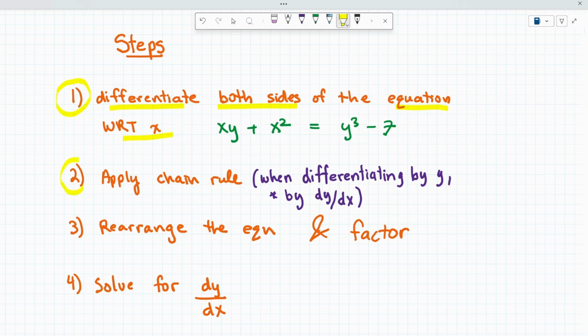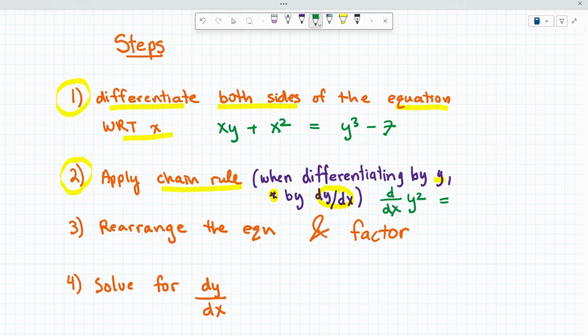Okay, step 2. Since we're differentiating implicitly, we actually have to apply the chain rule. A really simplified way of looking at this is that each time we're differentiating by y, we then have to multiply that term by dy over dx. Say, for example, we're differentiating y squared with respect to x, so we want d over dx of y squared.